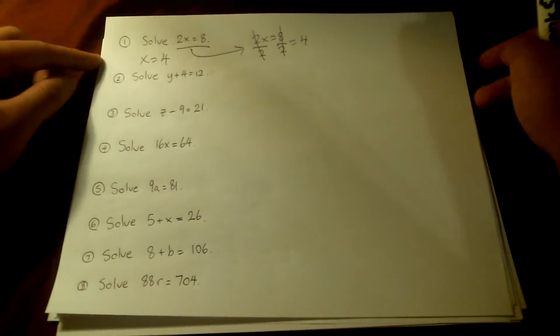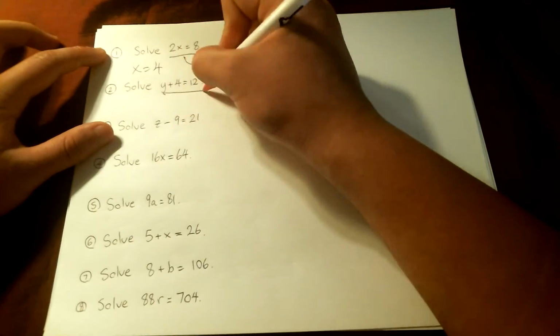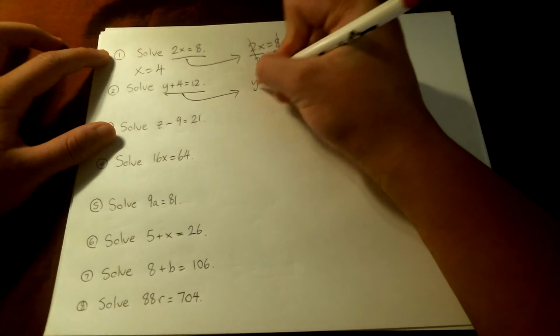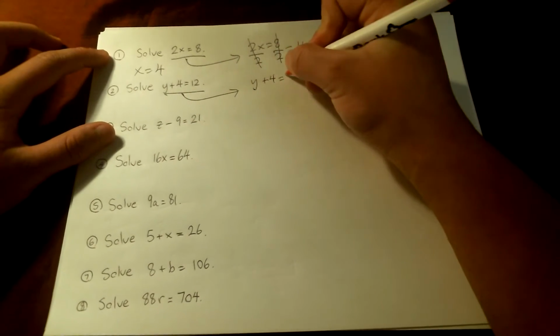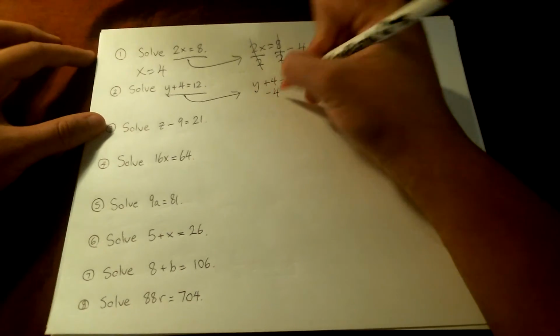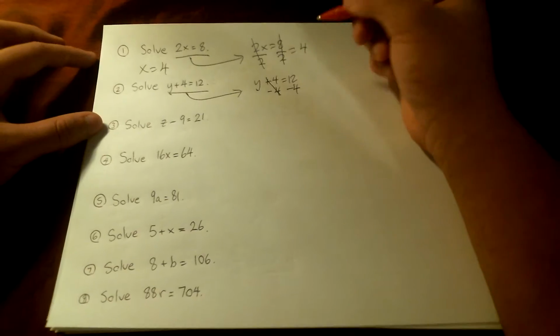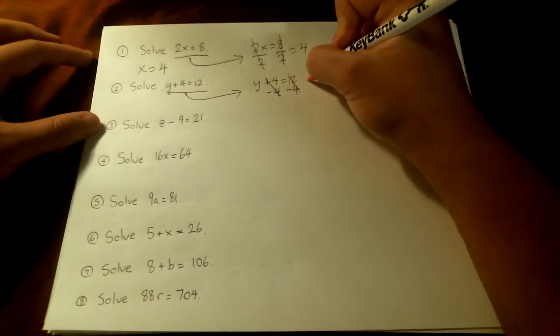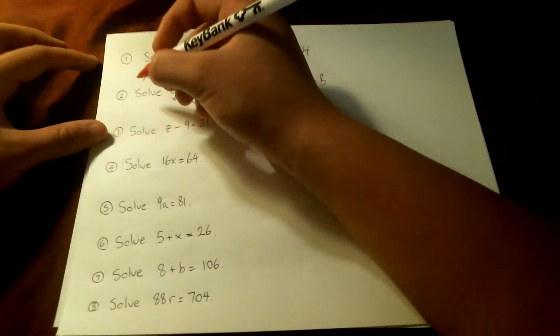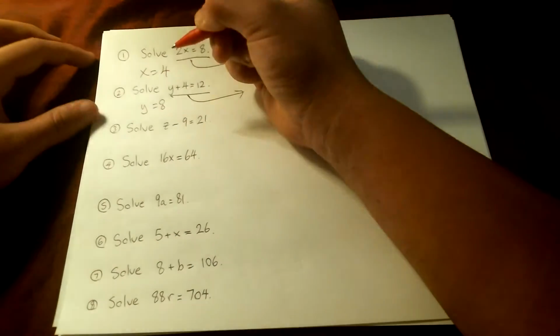All right, let's try the second one. This one asks for y plus 4 equals 12. So we would have to minus 4 to both sides, and this would cross out, and this would equal 8. So then y would equal 8.